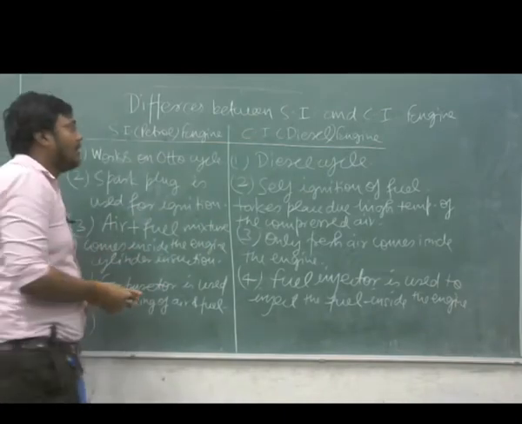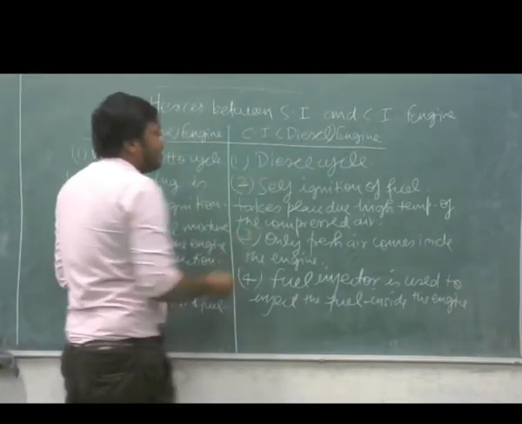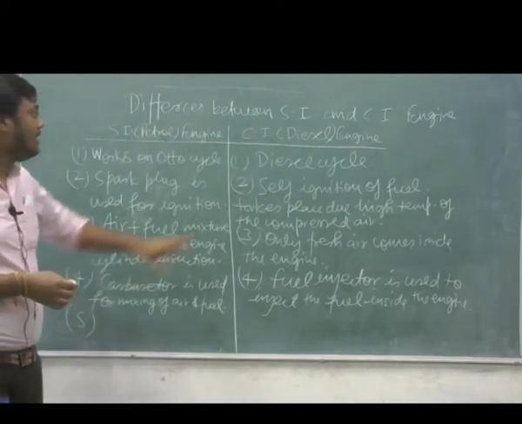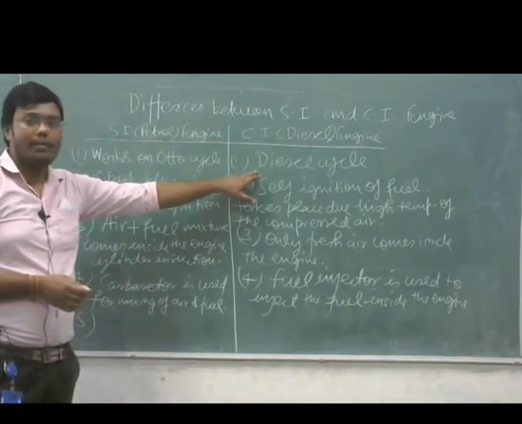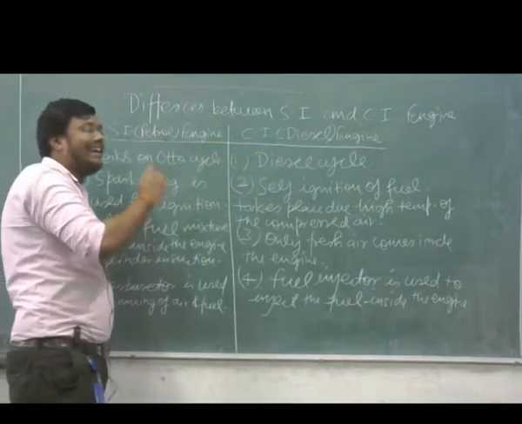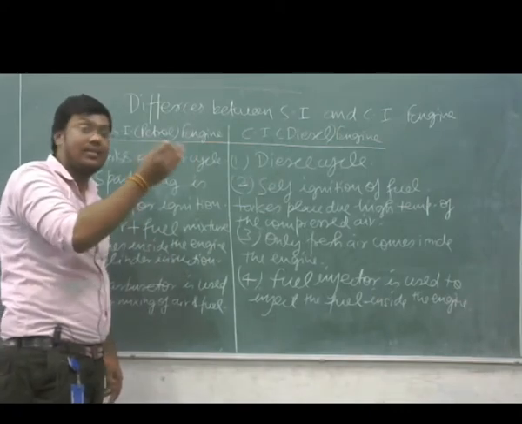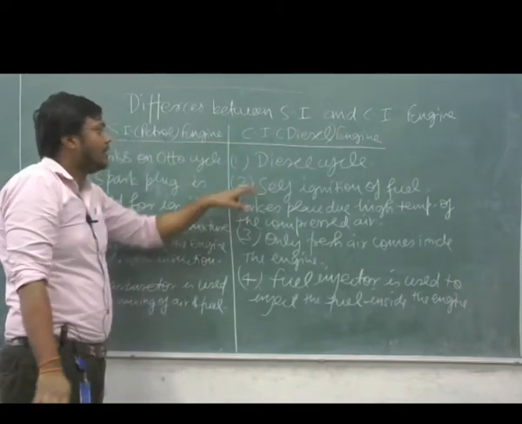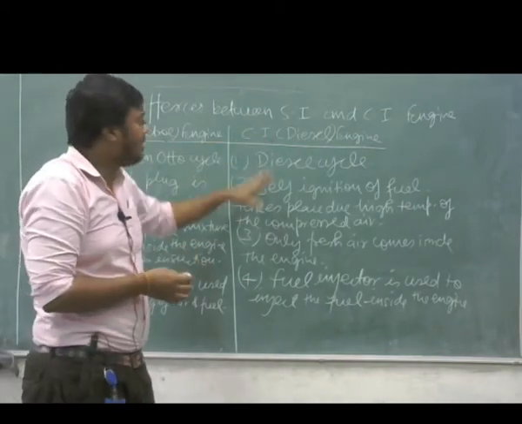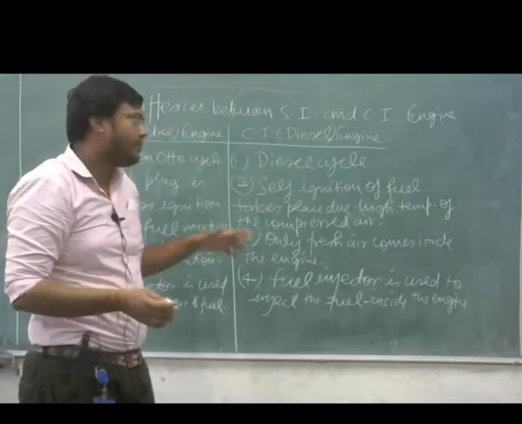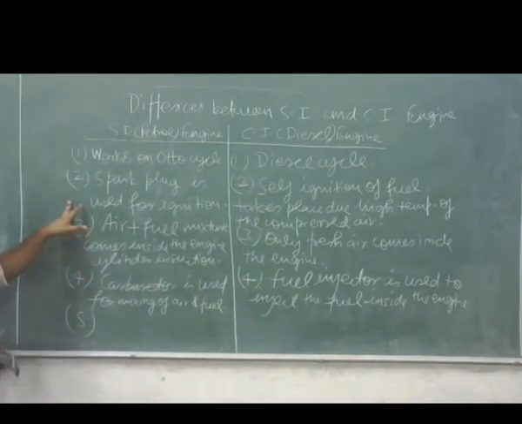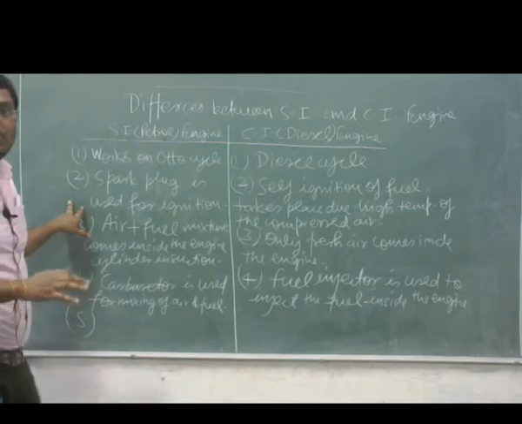Here we need to increase the compression ratio, because we want a high temperature equal to the ignition temperature of the fuel. That's why here we need to highly compress the air. For that, engine size is very large and compression ratio is very high. But here engine size is very small and compression ratio is also very low.